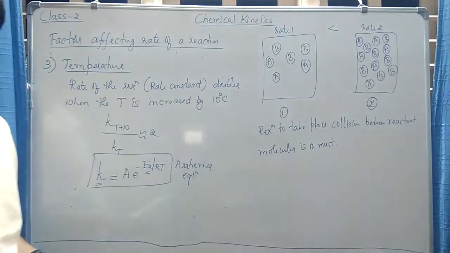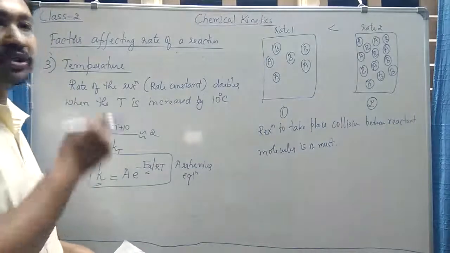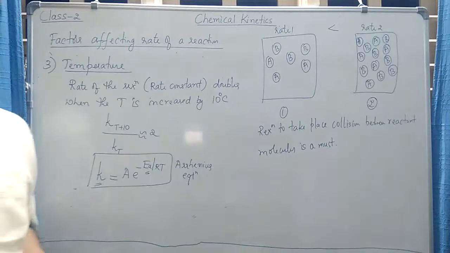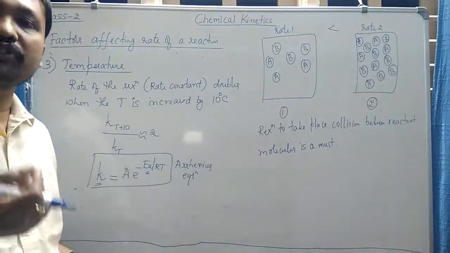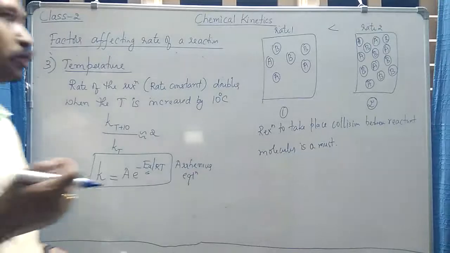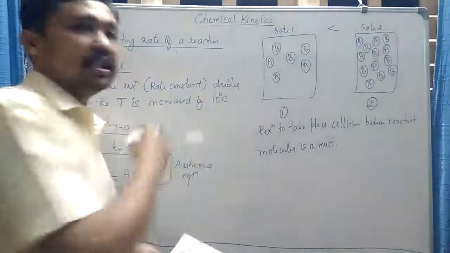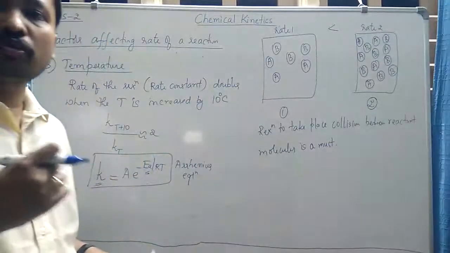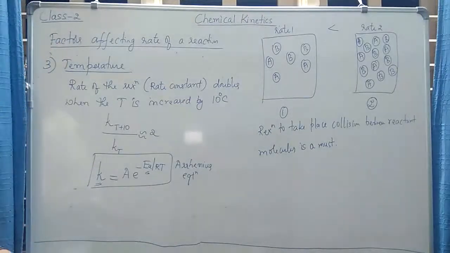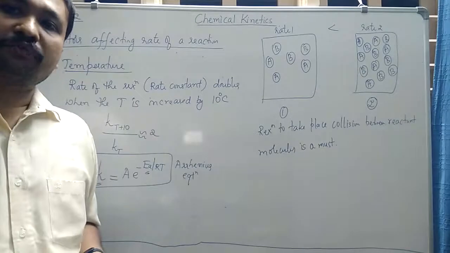Why? Again, we can explain this in terms of the collision frequency. As we increase the temperature, what happens to the kinetic energy of the molecules? The kinetic energy of the molecule increases. The molecules move with higher speed. And when the molecules move with higher kinetic energy or higher velocity, what are the chances of collision? The chances of collision will be more.